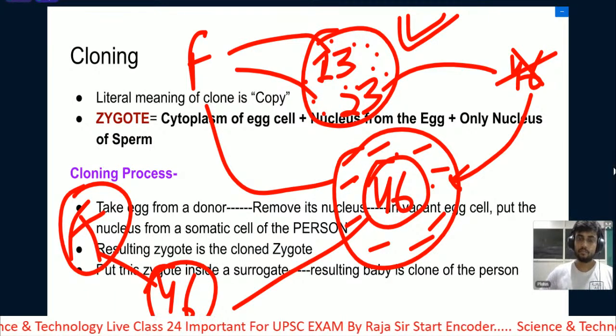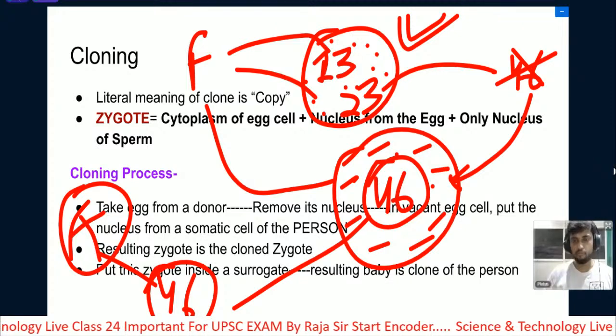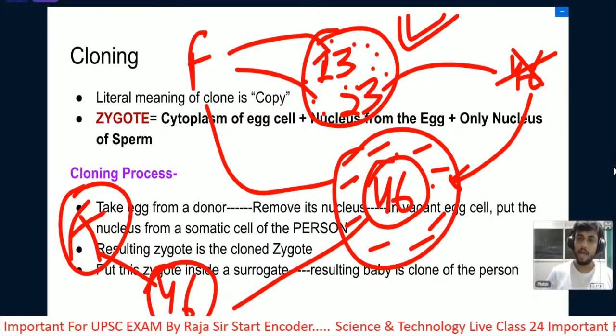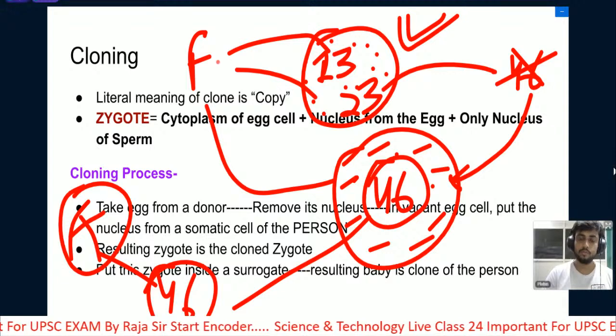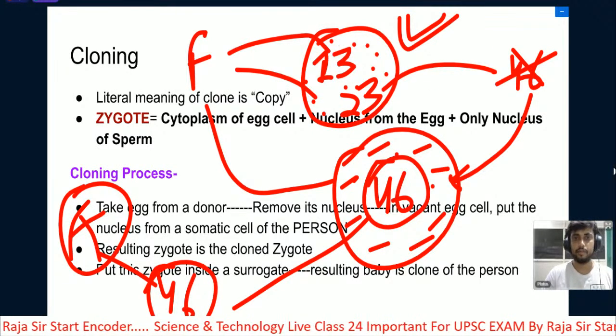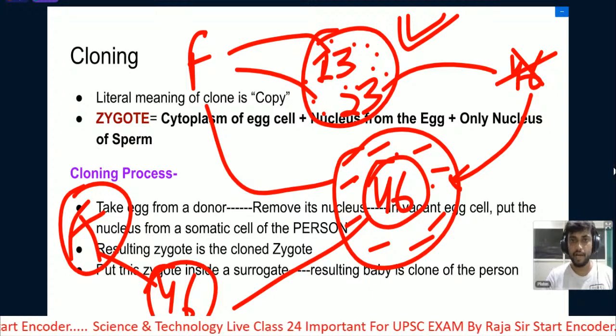Okay sir, right. So 46 chromosomes we have to complete. In normal reproduction, 23 chromosomes come from the female, 23 chromosomes from the male, and there is diversity. We have a variety of chromosomes.